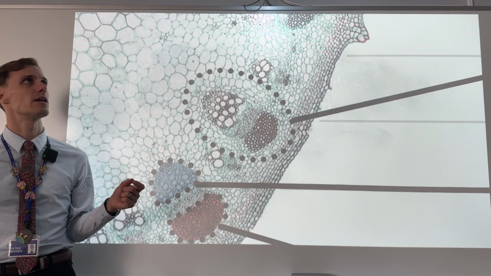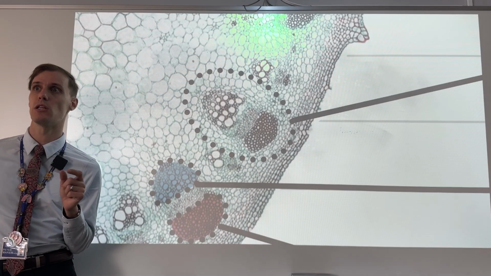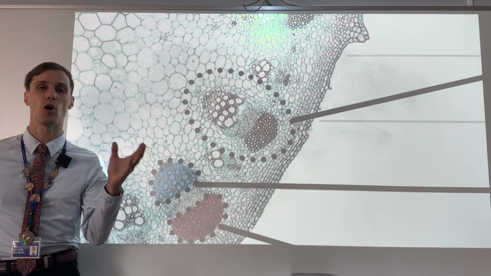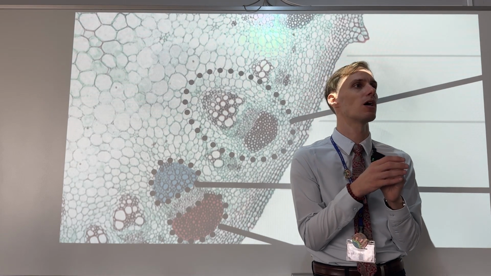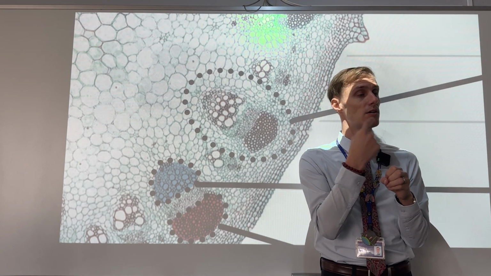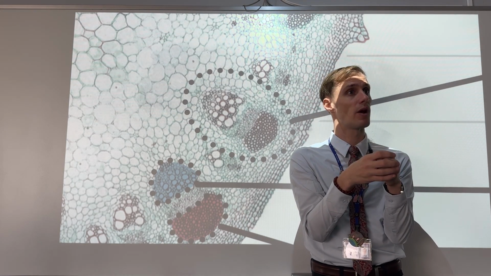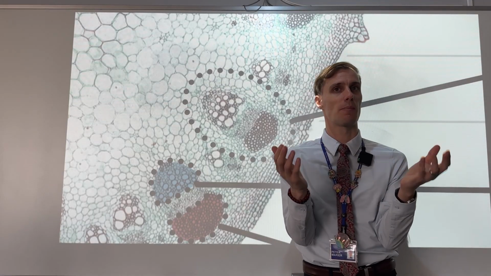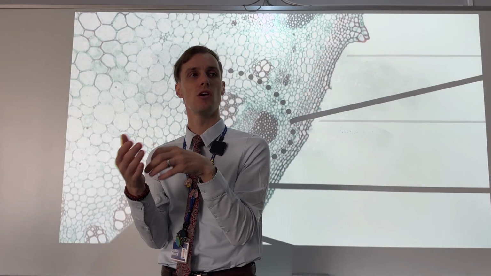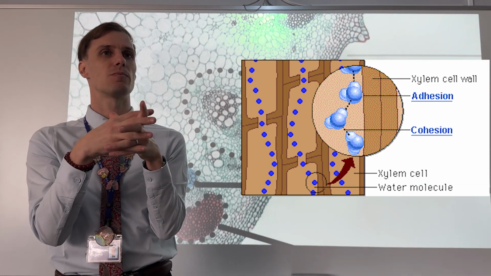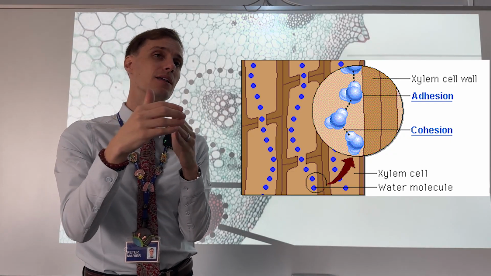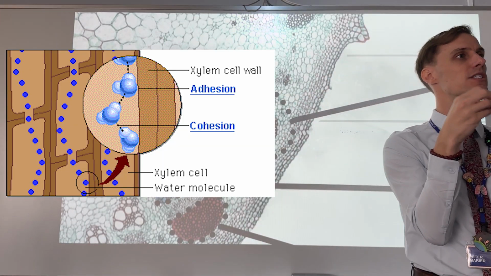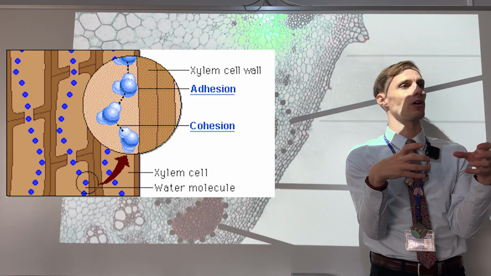We've looked at this in A1.1, actually, when we looked at cohesion, adhesion, capillary action. The smaller the tube becomes, the greater the surface area to volume ratio inside that tube. The two major factors at play are the adhesive forces, the attraction between the water inside the tube and the wall of the vessel, and the cohesive forces and the weight of that water itself.